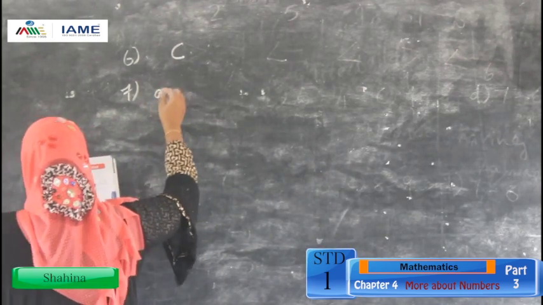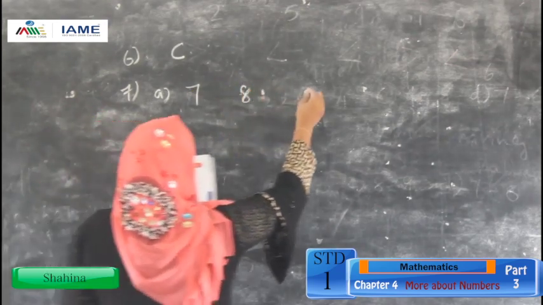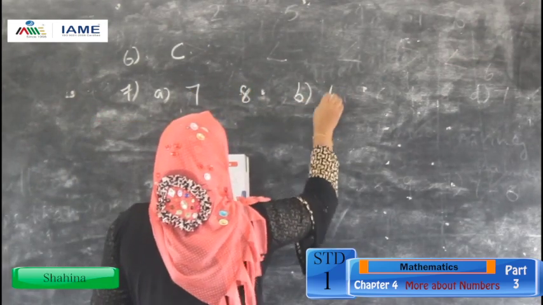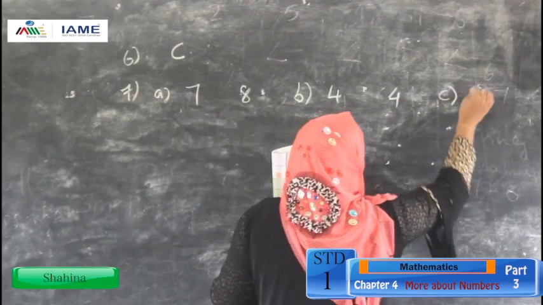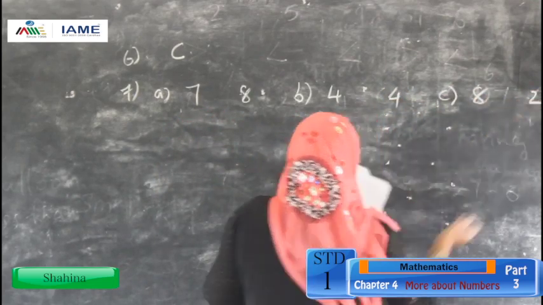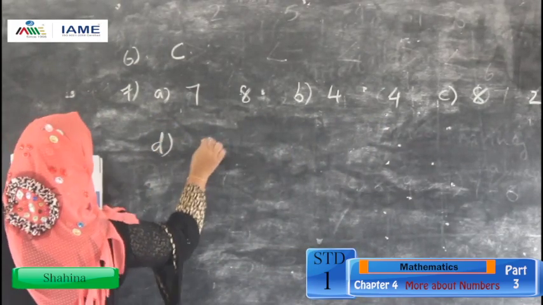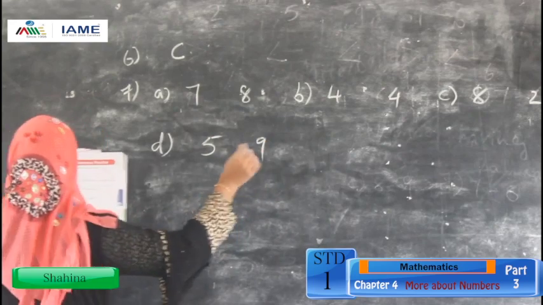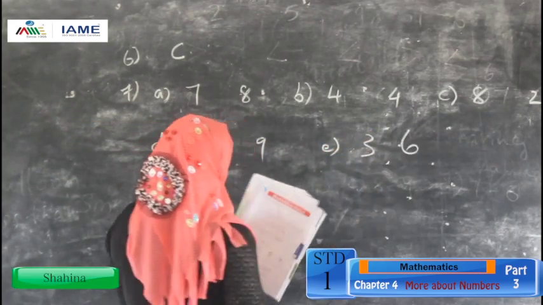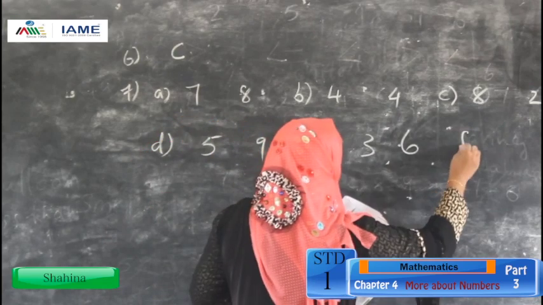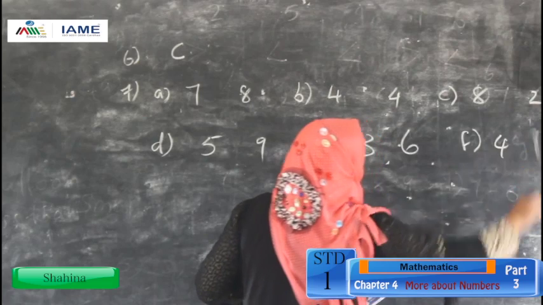Here the sums are given. 7, 8. 4, 4. 8, 2. 5, 9. 6, 3. 4, 1.